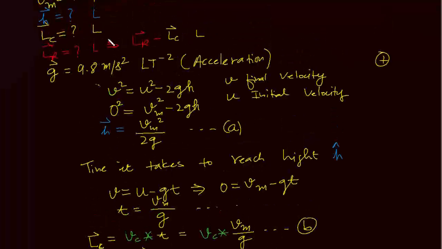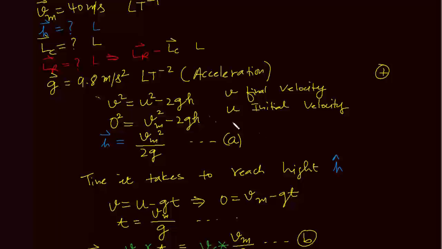We know that H is L. So let's see if Vm squared divided by 2g also gives you L. Vm squared divided by 2g will be LT minus 1 squared divided by, there's no dimension for constant, g is LT minus 2.